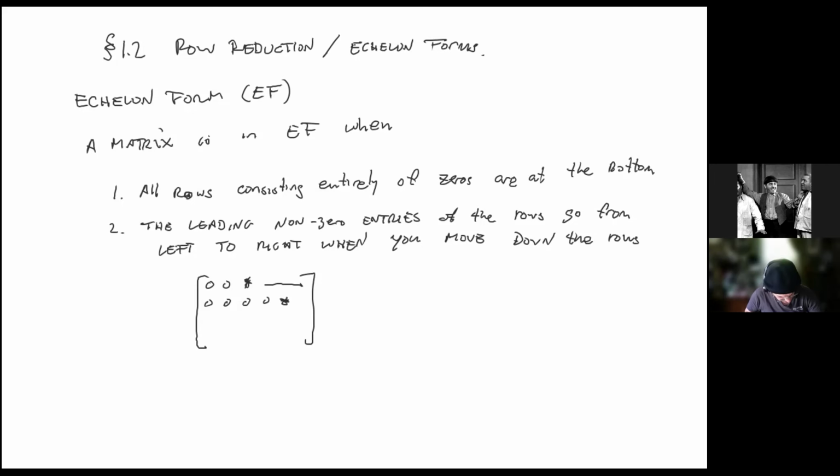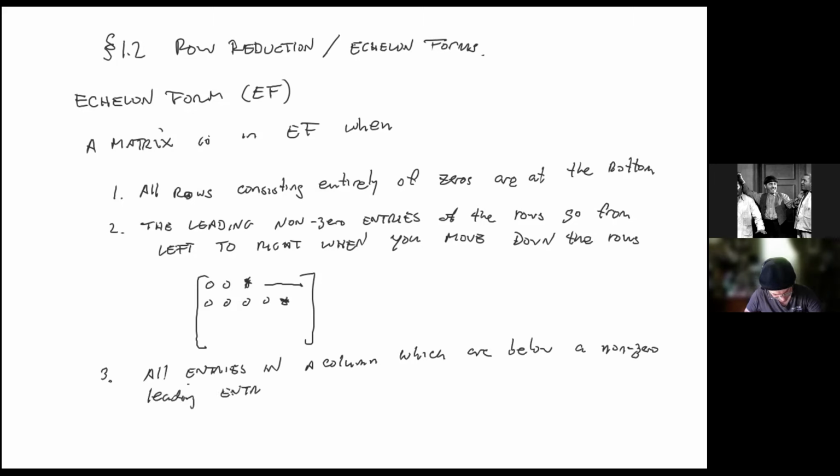Okay, and then the third condition is that all entries in a column which are below a non-zero leading entry are 0.